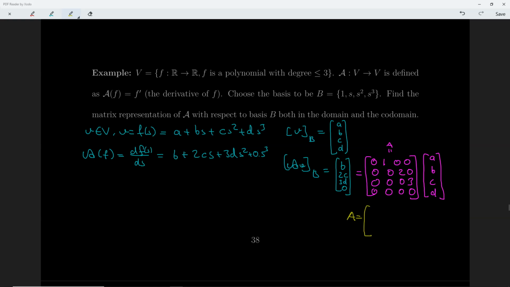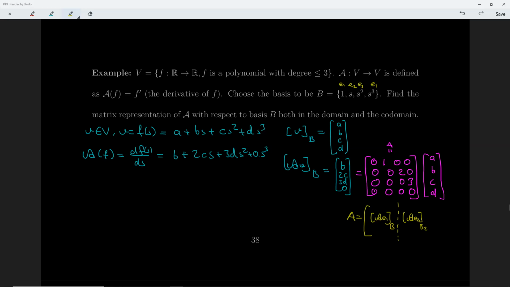If I call these vectors E1, E2, E3, E4, that is equal to the representation of AE1 with respect to the basis B, the first column, and the representation of AE2 with respect to B. So what is the linear transformation of E1?